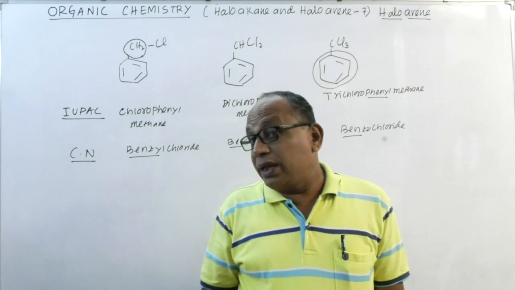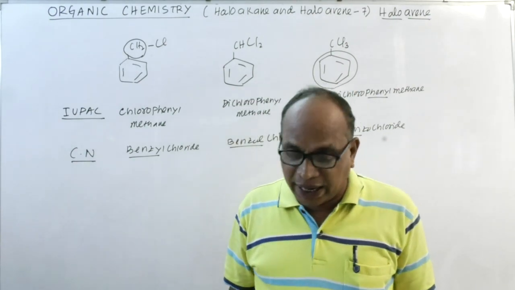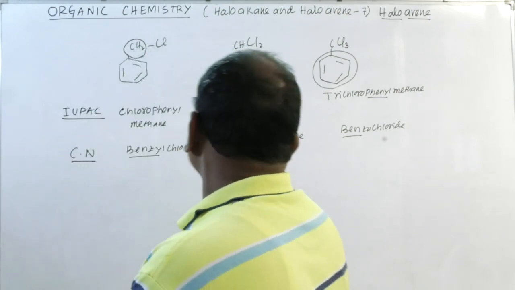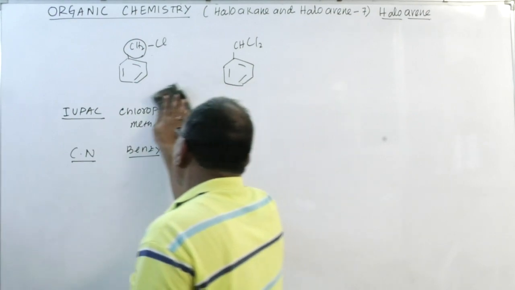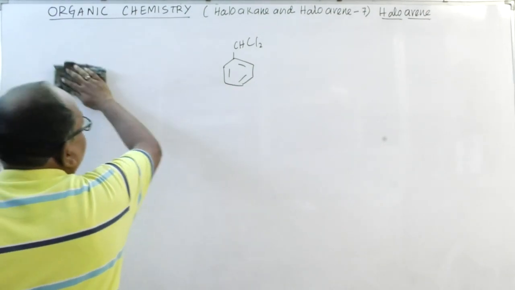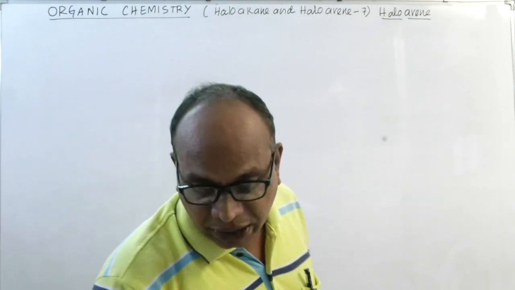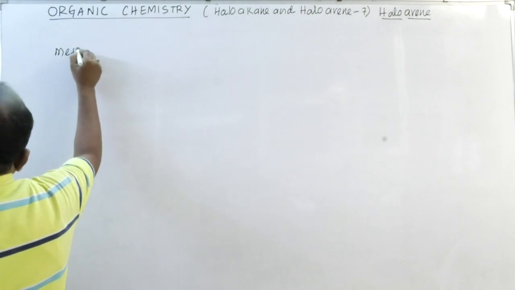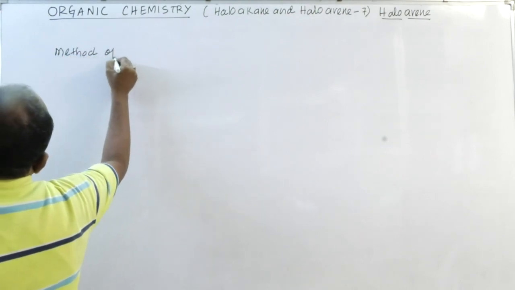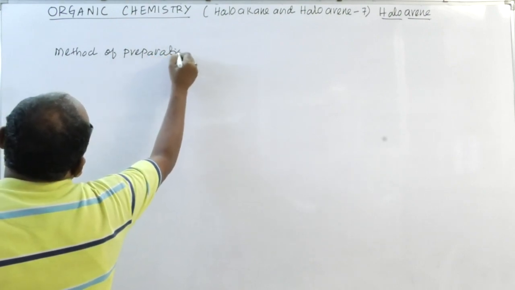of halogen atoms. The halogen atom must be substituted in the benzene nucleus, and these compounds are named according to their common name as well as the IUPAC system. Next we come to the preparation method of haloarenes.